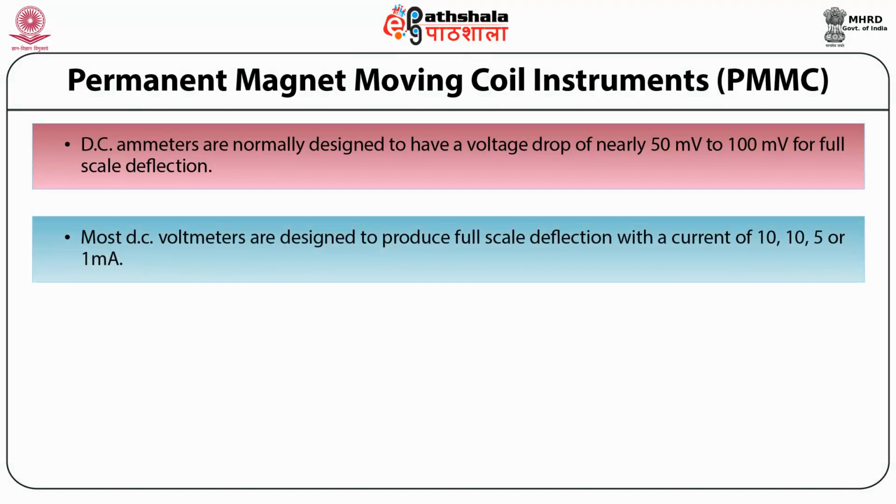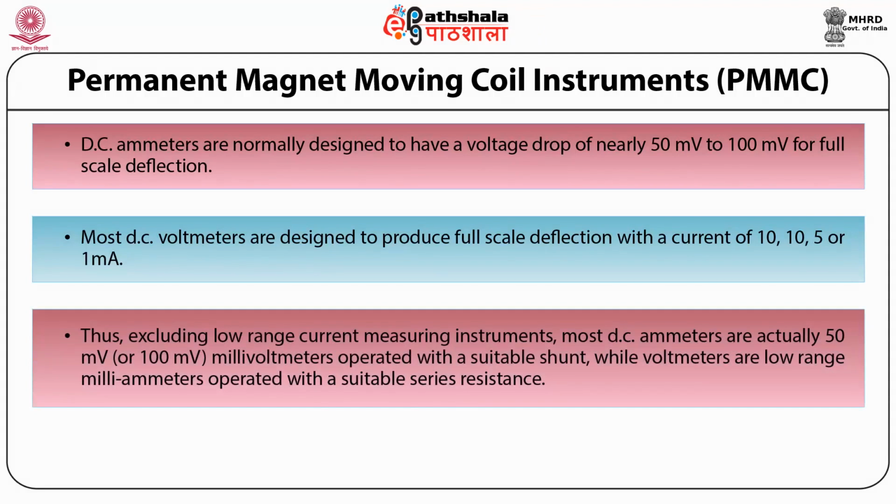Most DC voltmeters are designed to produce full-scale deflection with a current of 10, 5 or 1 milliampere. Normally a value of 1 milliampere is used.